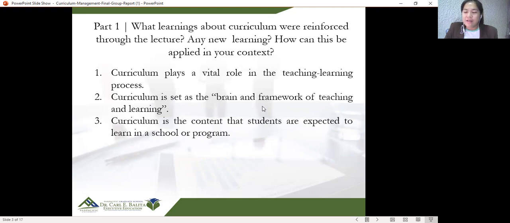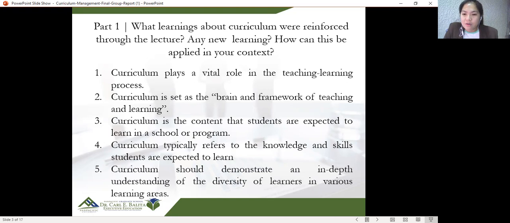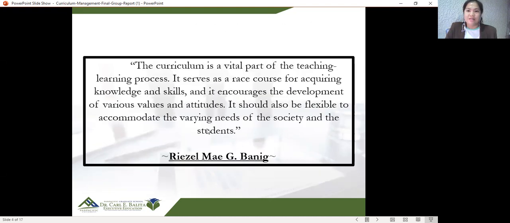Curriculum is the content that students are expected to learn in a school or program. Third, curriculum typically refers to the knowledge and skills students are expected to learn. Lastly, curriculum should demonstrate an in-depth learning of the diversity of learners in various learning areas. These 5 points we are going to consider in answering the first question.